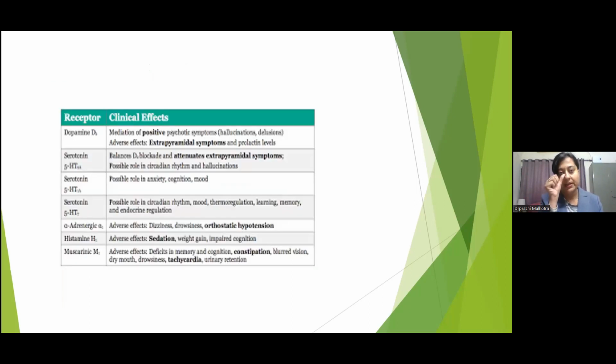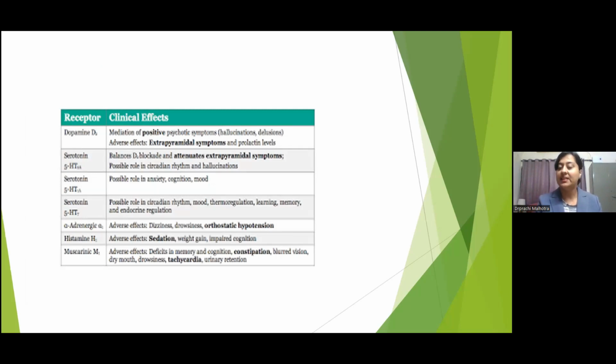Now, when antipsychotic drugs block dopamine receptors, they control positive psychotic symptoms. The adverse effects will be extrapyramidal symptoms and increase in prolactin levels. And when it blocks serotonin receptors, it accentuates the extrapyramidal symptoms, and it has a possible role in circadian rhythm and hallucinations.